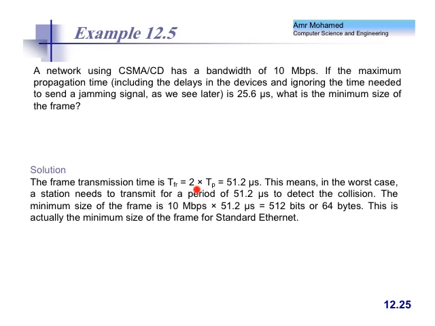So the transmission time is double the propagation time, which in that case is 51.2 microseconds. So this means that in the worst case, a station needs to transmit for a period of 51.2 microseconds, which is double the propagation time.